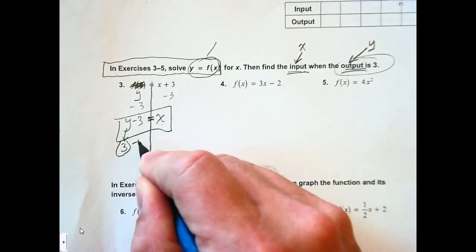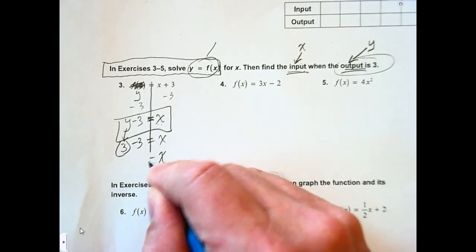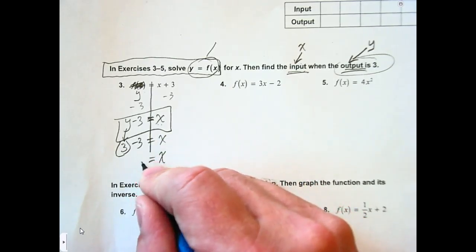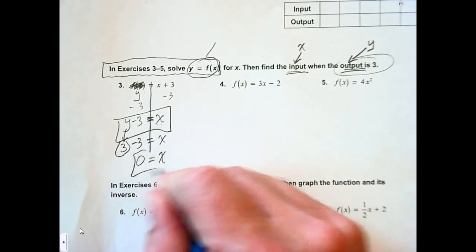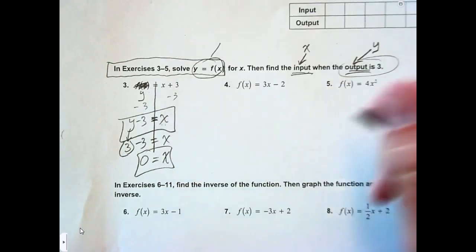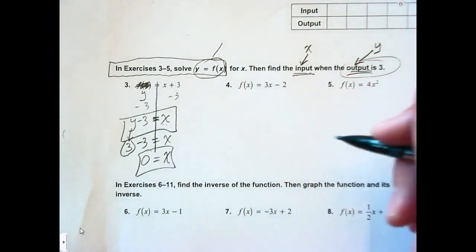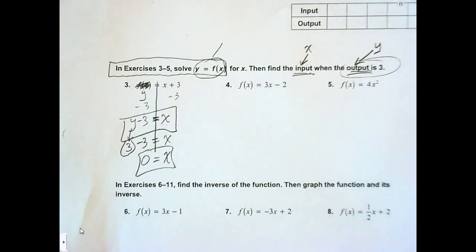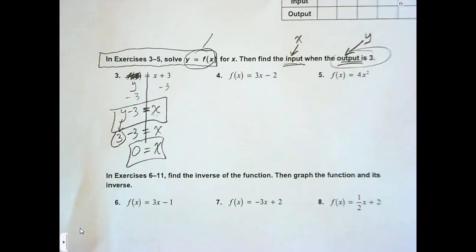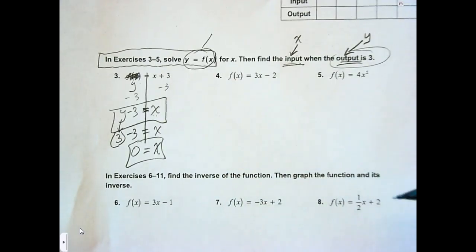That becomes 3. And we can solve for x. So when y is 3, x is 0. Okay. Which, by the way, would be a coordinate, but you can leave it in that format. All right? Questions there? It's not too bad once you know what they're asking you to do.